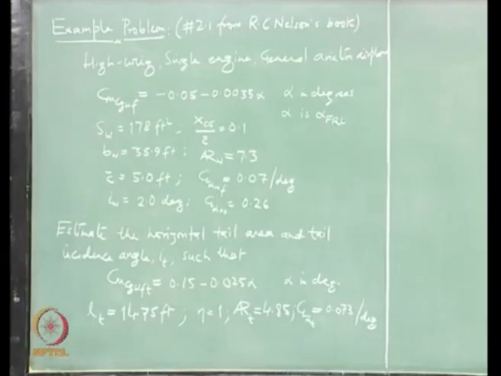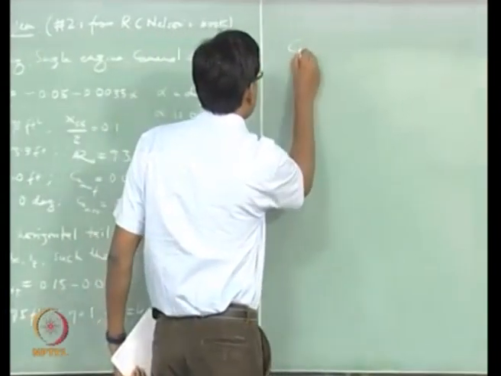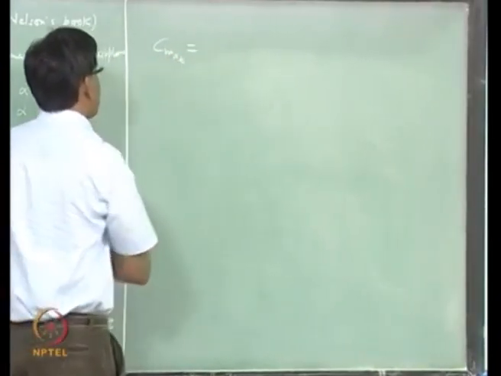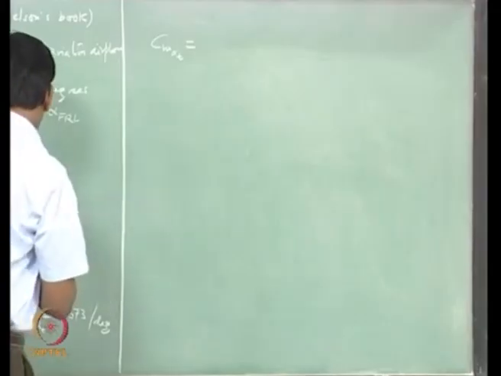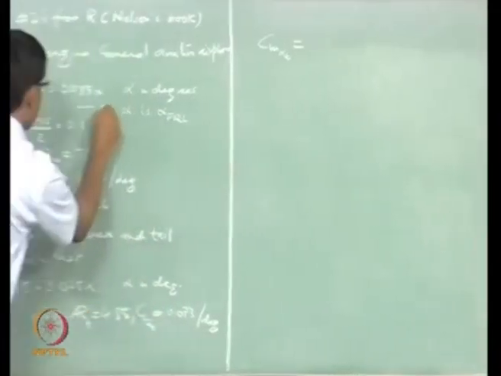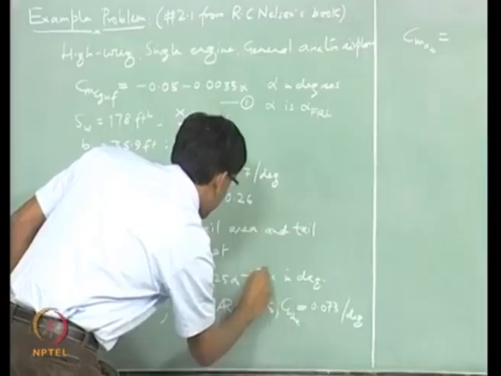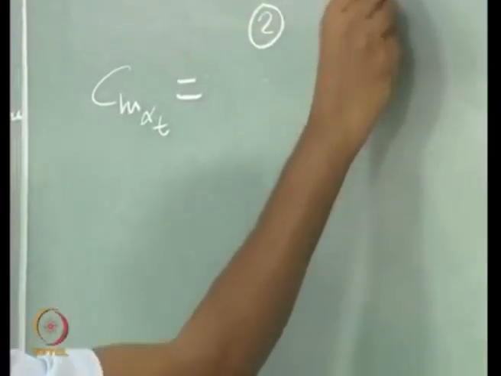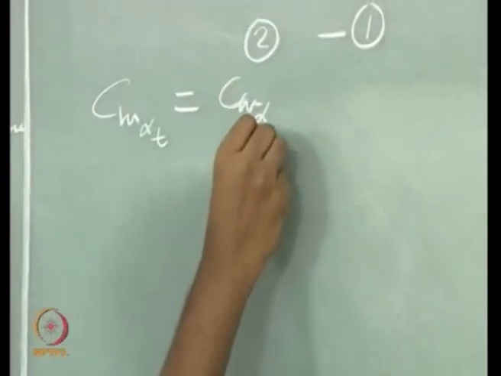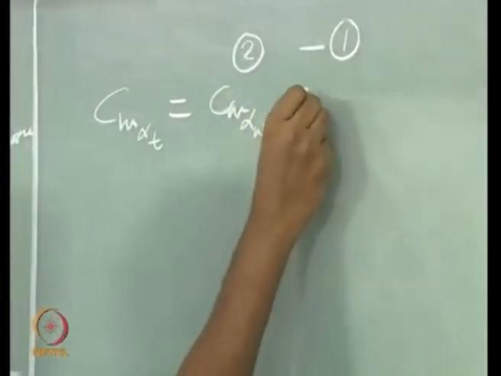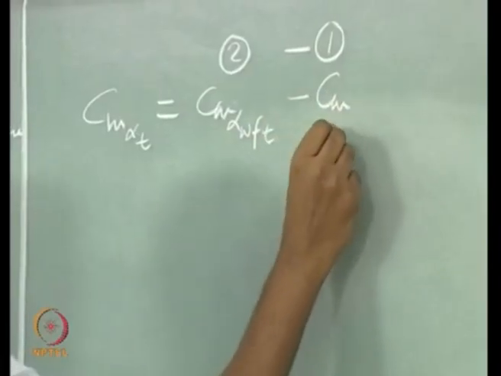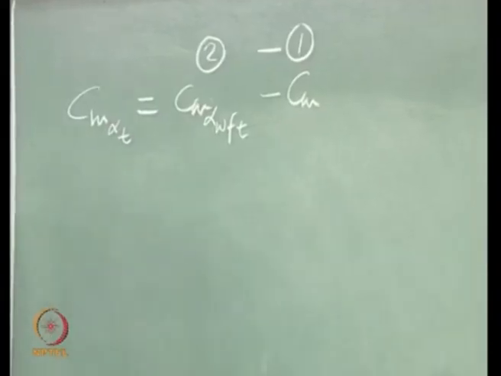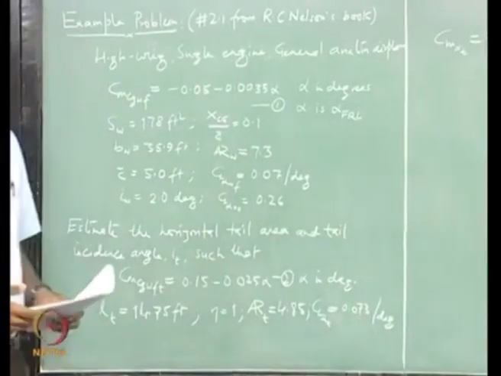Now I can find out what is Cm alpha due to tail by subtracting 1 from 2, right. There is not Cm alpha, but okay.